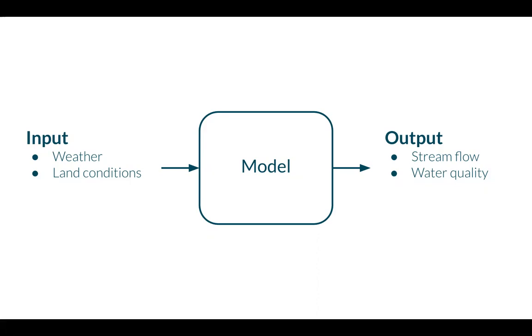And then we use those models to see how those weather and land are going to interact, and ultimately output some quantities that we care about. In our case, the total streamflow and streamflow forecasts, as well as what will the water quality be in terms of temperature, dissolved oxygen, and other metrics that we care a lot about.